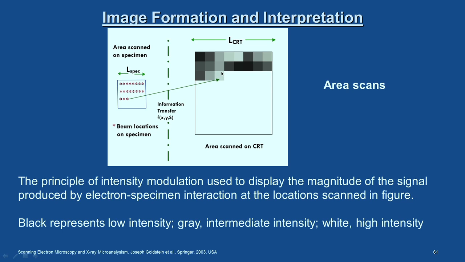You optimize the signal collection from each detector and then proceed with the scanning action, where the black square represents low intensity, gray is intermediate intensity, and white is the high intensity signal, and that is how the intensity modulation is adjusted.